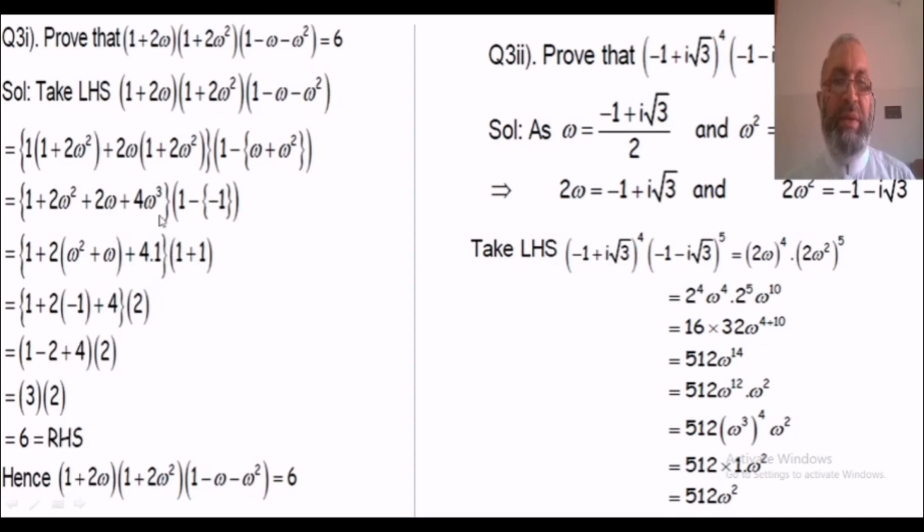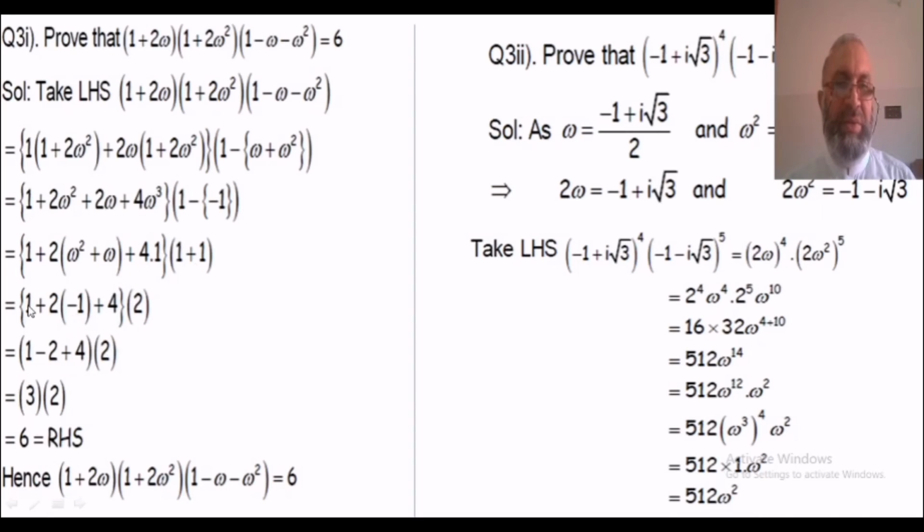The second factor becomes 1 minus, multiplied by minus 1, becomes 1 plus 1. Similarly, we get 1 plus 2 into the value of ω plus ω², again we put minus 1, plus 4 into, from the second factor, that is 2.